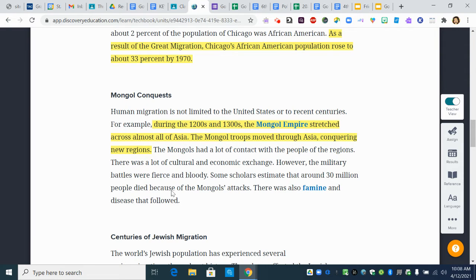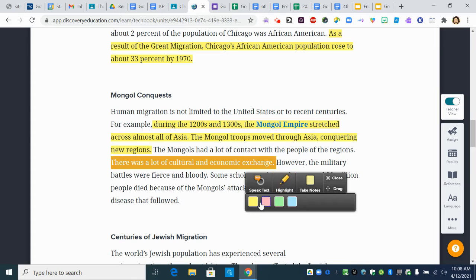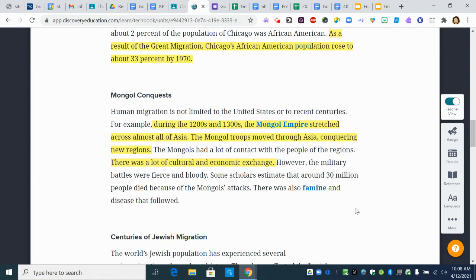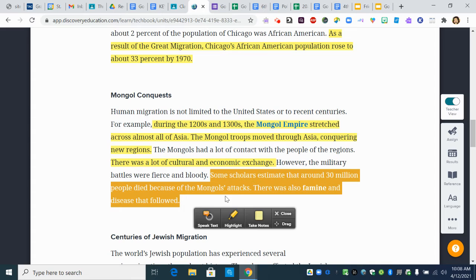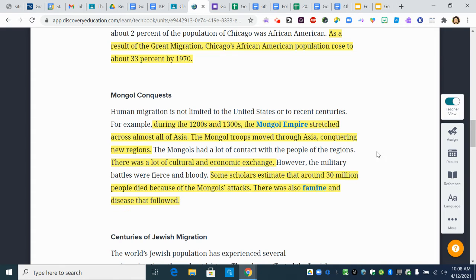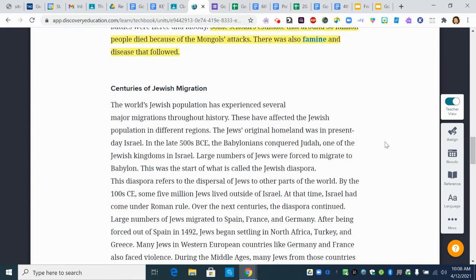There was a lot of cultural and economic exchange. However, the military battles were fierce and bloody. Some scholars estimate that around 30 million people died because of the Mongol attacks. There was also famine and disease that followed. So you guys can see how that changed culture and environment.